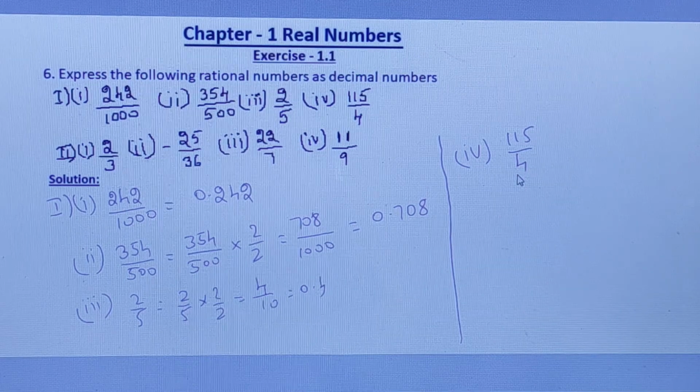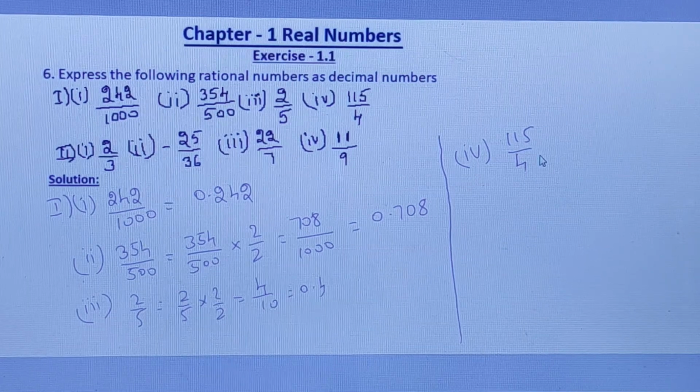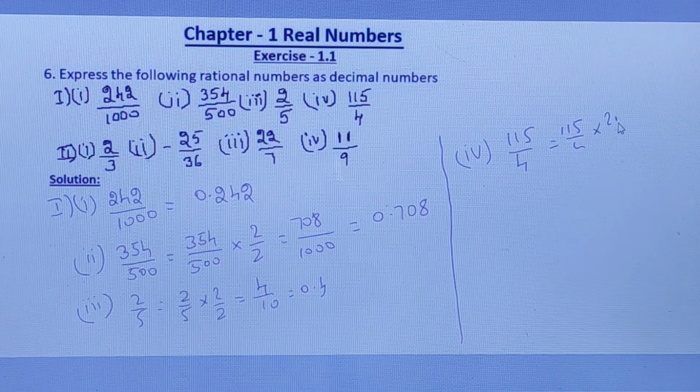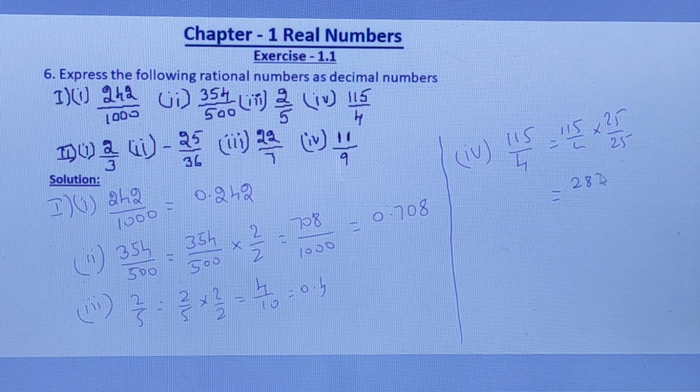You know that 25 fours are 100. So you multiply and divide this with 25. So this becomes 2875 divided by 100. This is nothing but 28.75.